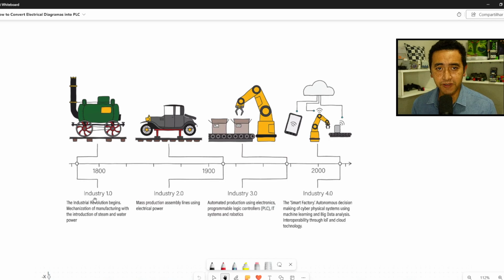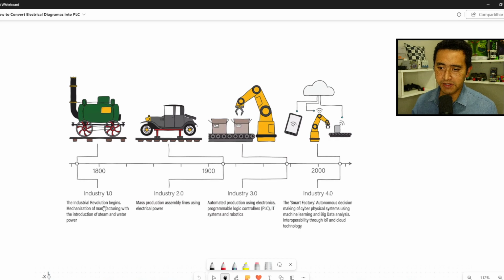It's the first revolution in which we began to use steam systems, steam power, machining with steam, and the introduction of manufacturing. It's a great revolution that made us start to think about efficiency, power, and steam.